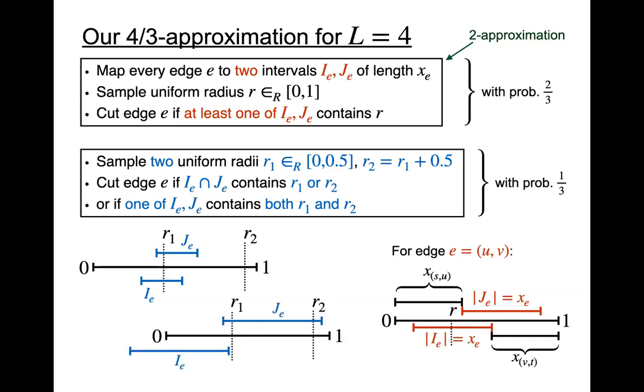So for example, here, R1 and R2 both fall in JE, one of the two intervals assigned to E, and then we cut edge E. It's okay if it happens in both intervals, but it should happen for at least one. Okay, so these are the two criteria for cutting an edge in the second cut.